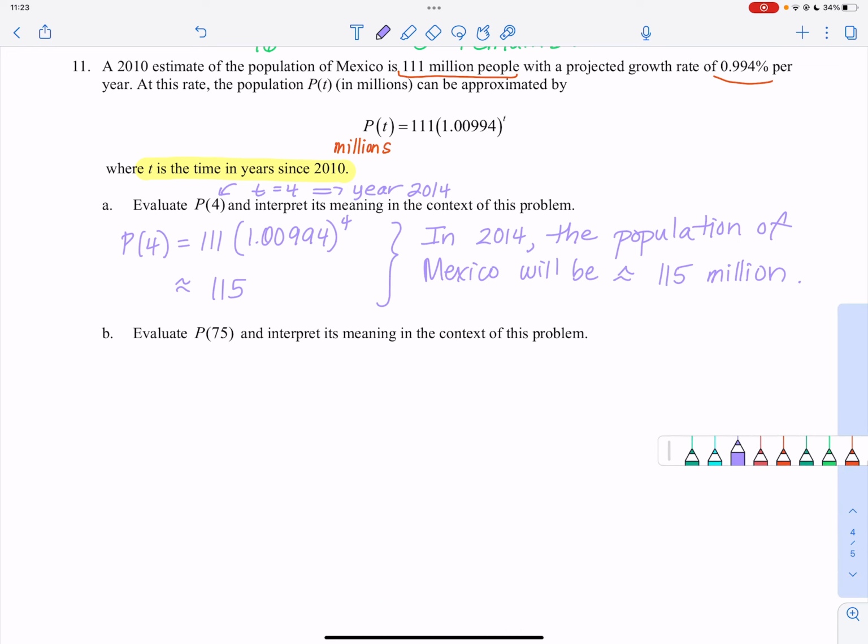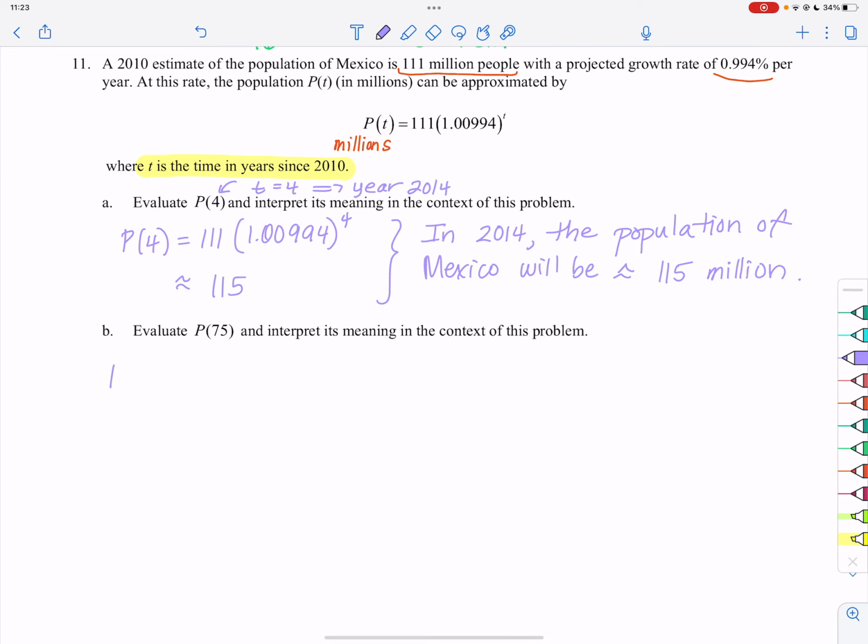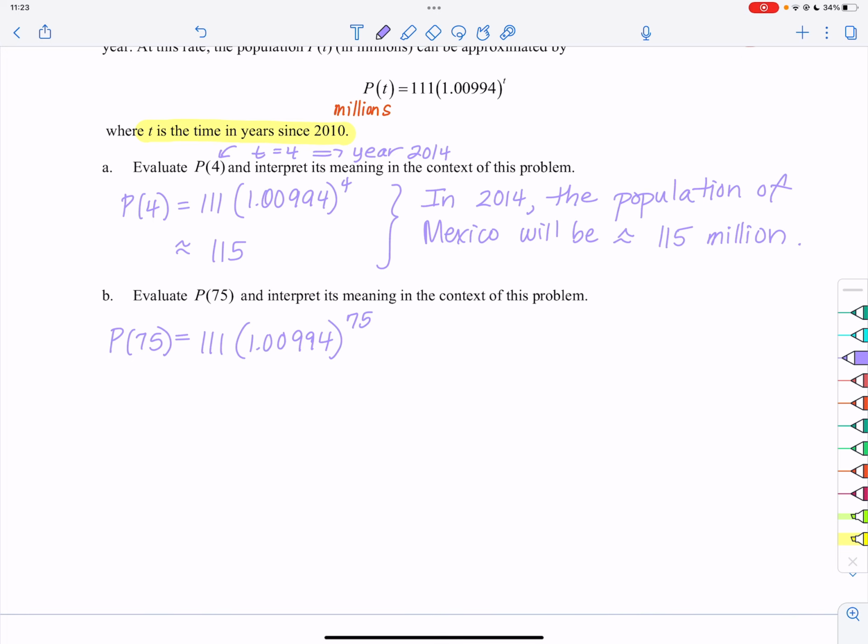Okay, let's try P of 75. That's equal to 111 multiplied by 1.00994 to the 75th power, and that's approximately 233.